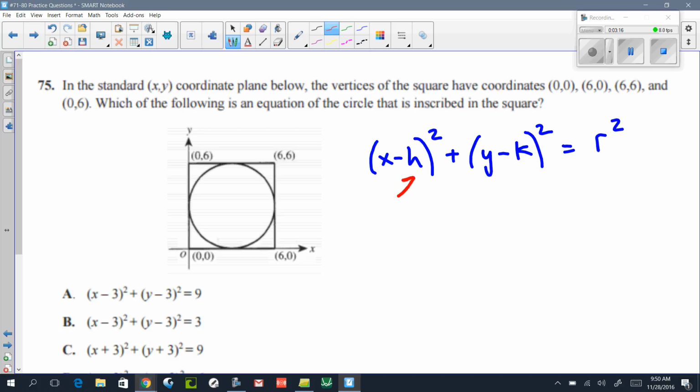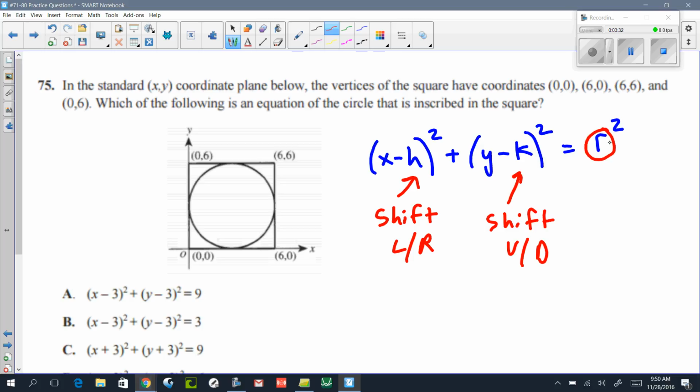This value is your shift left or right. And this value is the shift for the center of your circle up or down. And r is obviously your radius. Whatever the radius is, squared would be the value that goes here. So if your radius was 10, you would see 100 in this part of the equation. If the radius was 7, you would see 49.